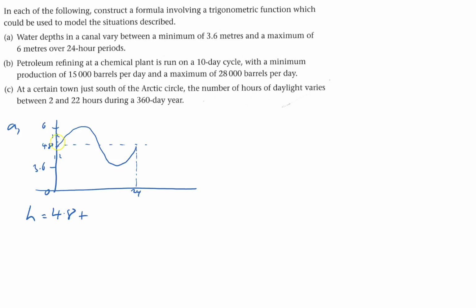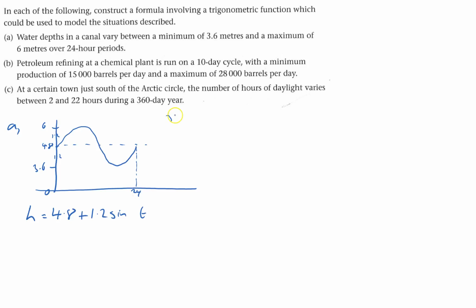If it had just been sine, it would have just gone up 1, so it's going to be 1.2 sine, and it could be t, but it's going to have to be t multiplied by something, because that would normally be 360 degrees, but it's 24, so I'm going to have to multiply 24 by something to get 360.